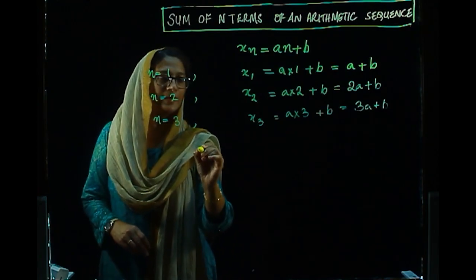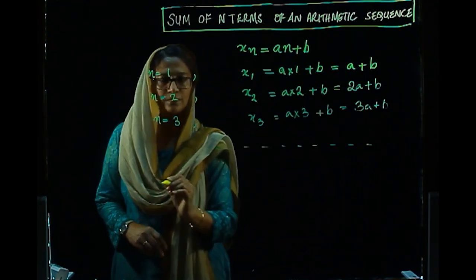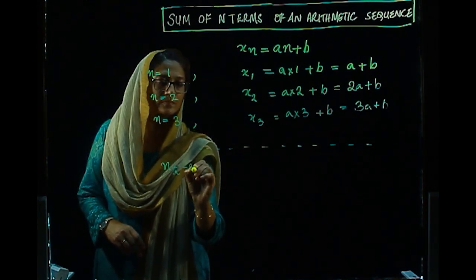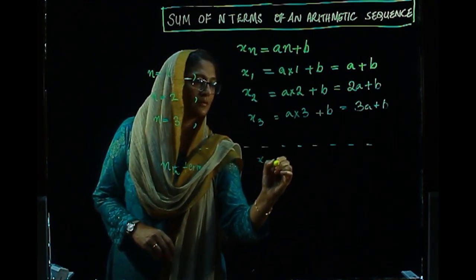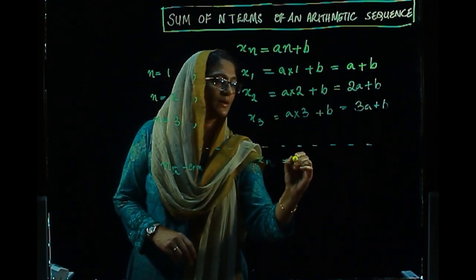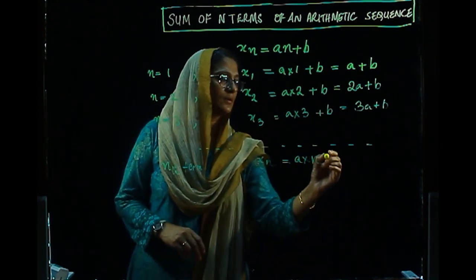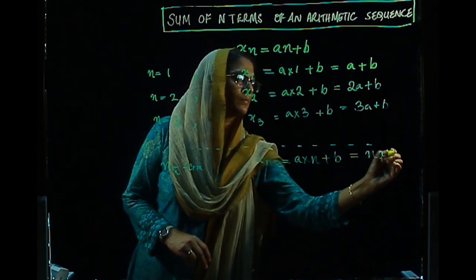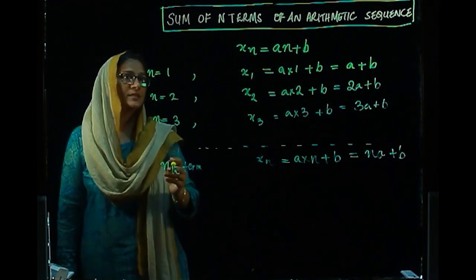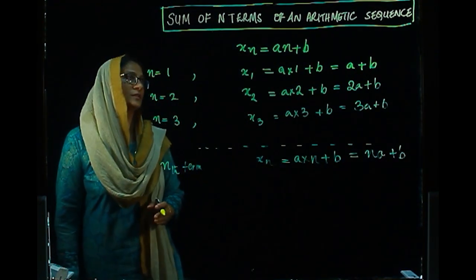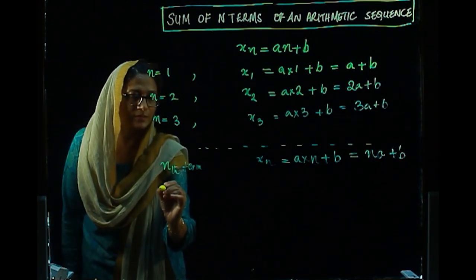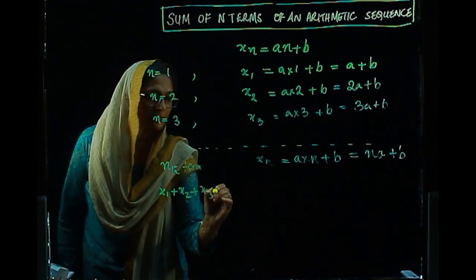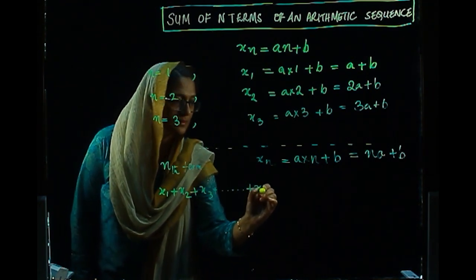Let's see what is the nth term. The nth term is xn. That is, I have to multiply a with n plus b, which gives me na plus b. Now let's find the sum of the n terms of this arithmetic sequence. We need to find x1 plus x2 plus x3 plus the last term xn.